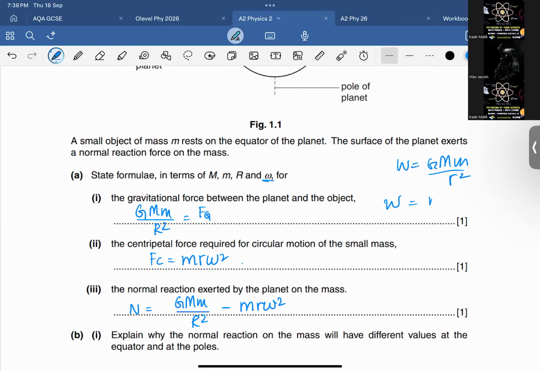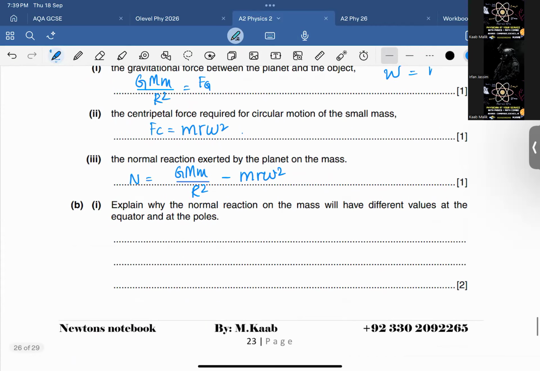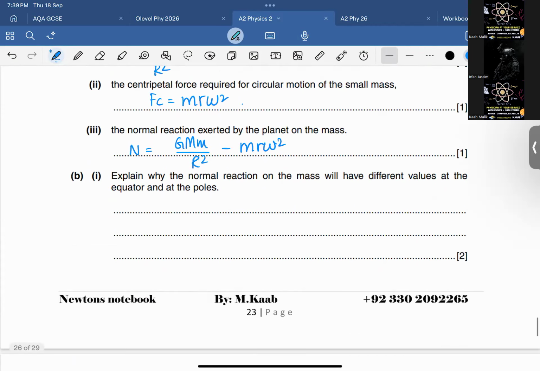If you put the value of g in it, you'll get the weight formula. Clear? Oh, okay. So in A levels, you're not allowed to use g as 9.81, because it changes as the distance changes. So that's why this is the weight, that is a normal reaction, and that is a centripetal force. Okay, so move on.